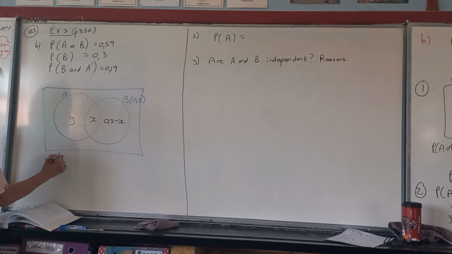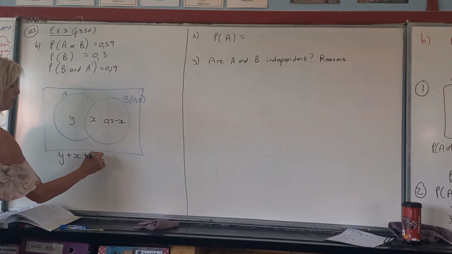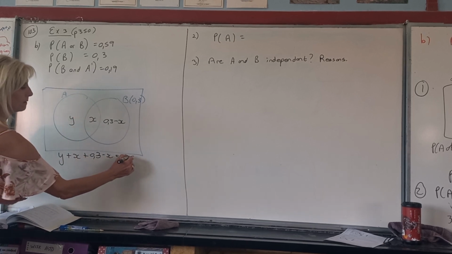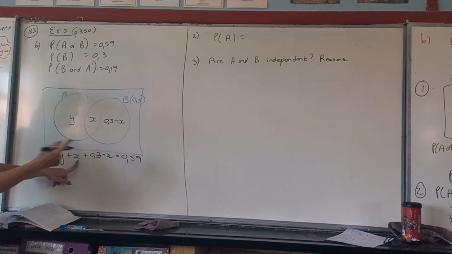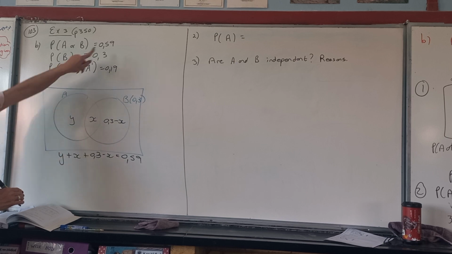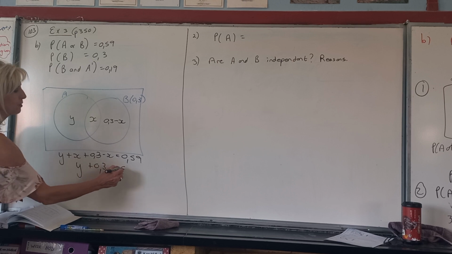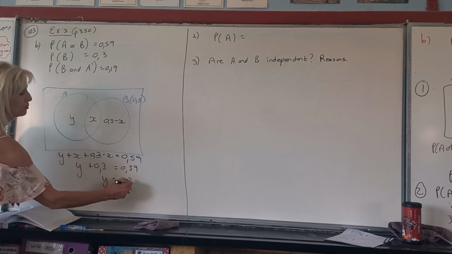But if I said y plus x plus 0,3 minus x, all of that must add up to 0,59. What happens here is that the x falls away. Like I said, you could have just said 0,3 and something must be 0.59. That's exactly what's happening here. Y plus 0,3 must be 0,59, so that y there must be 0.29.